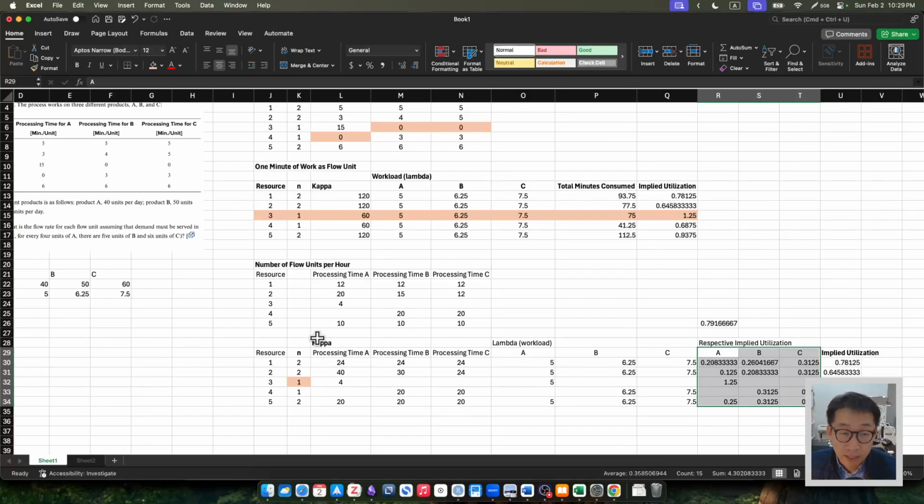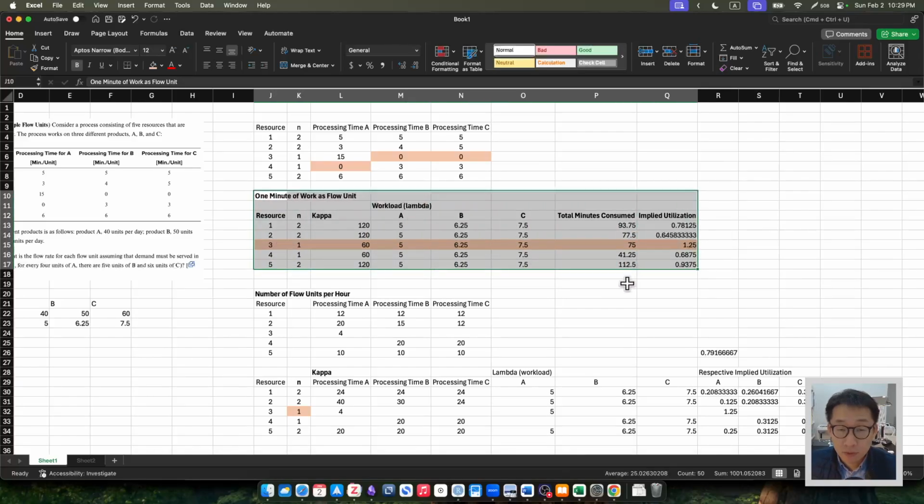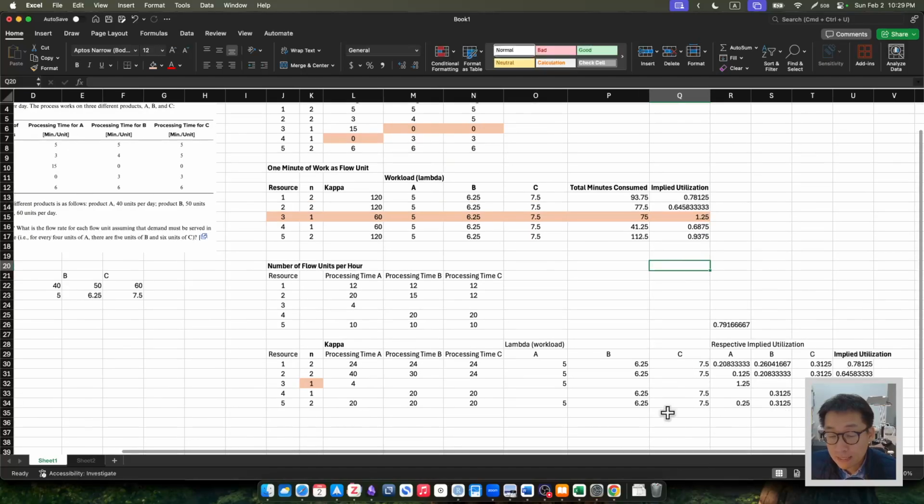Again, if this part makes more sense to you, you're more than welcome to stick with this approach. But this gives us a little bit more detail. It gives you more to think about.